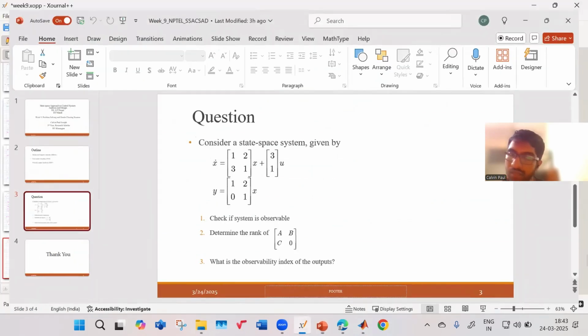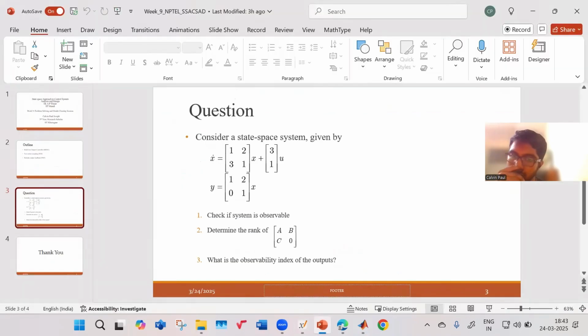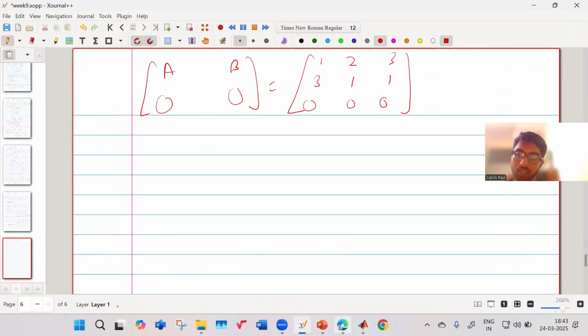This is what is our A. A is 1, 2, 3, 1, 3, 1, 0, 0, 0. And what is C0? We have a C1 0 and a C2 0. Let us consider the first case.